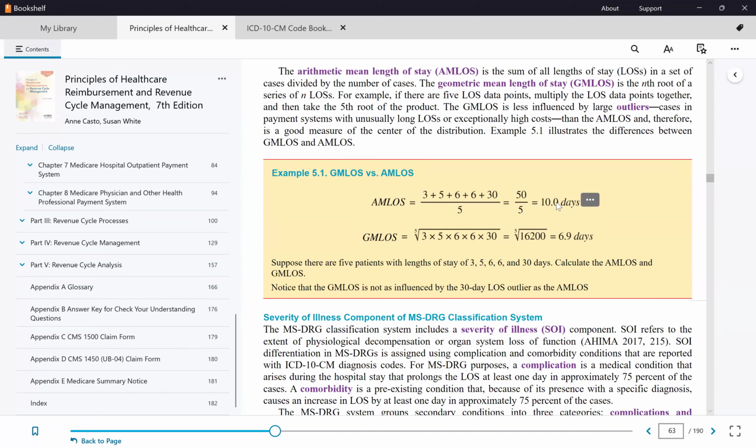So that skews this to be artificially higher. With the geometric mean length of stay, we multiply each of these values and then take the fifth root, if you will, of this value. And it gives us a more true picture of what's going on. So the GMLOS is not influenced by the 30-day length of stay outlier.